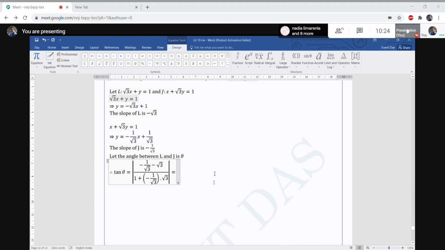Oh wait. Here the slope is minus root 3, right? So here it will be minus of minus root 3. Slope is minus root 3, so here also we have to replace this one with the minus sign.